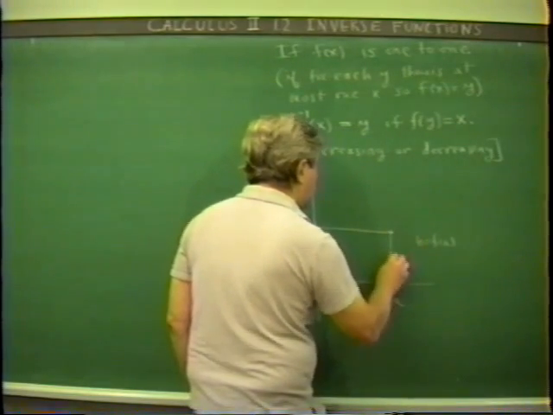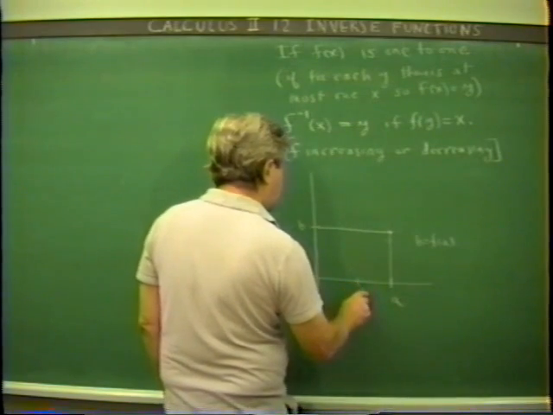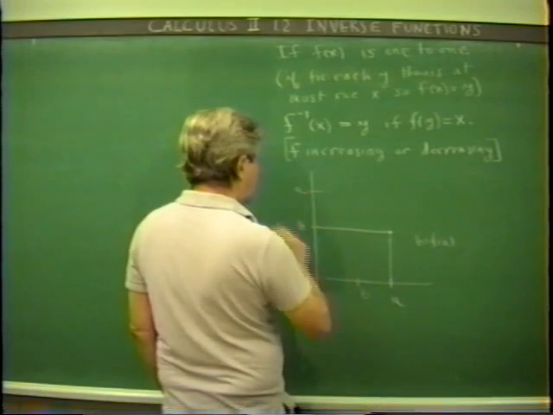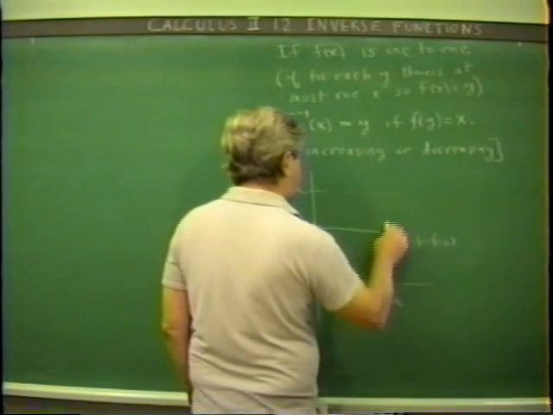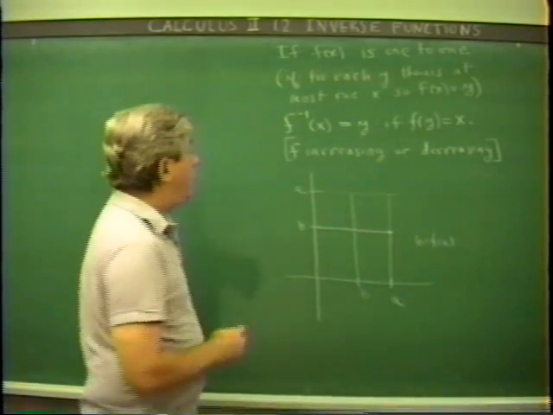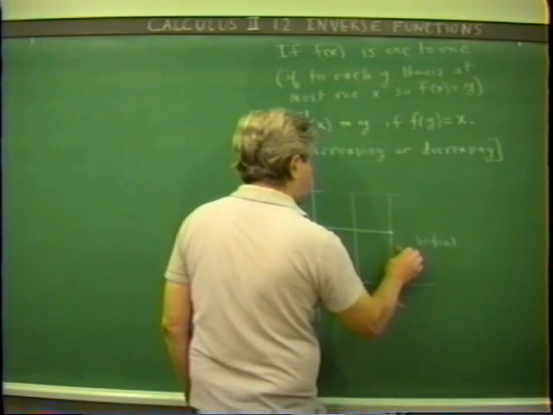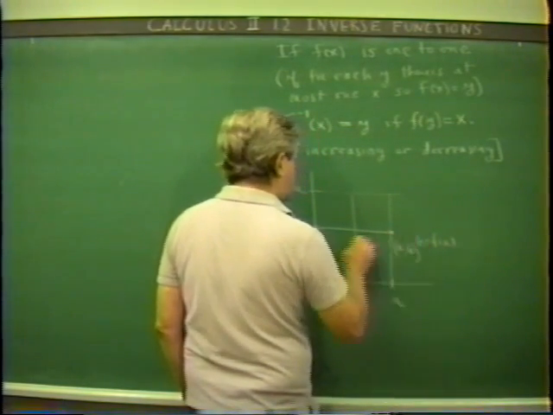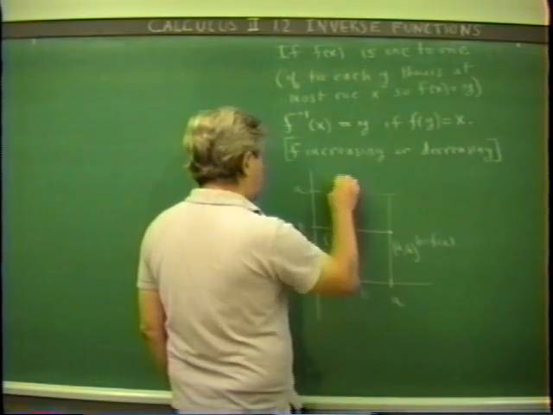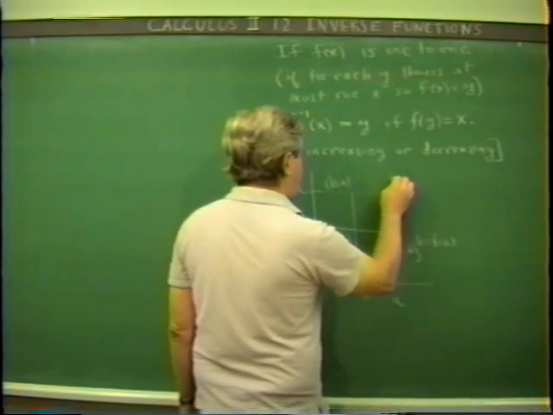And if this is the point B down here, and this, let's say, is the point A over here, then we can complete this type of picture, making a square here in the middle. This is going to be the point A, B, right here. Over here is going to be the point B, B. Up here is going to be the point B, A. And here is the point A, A.